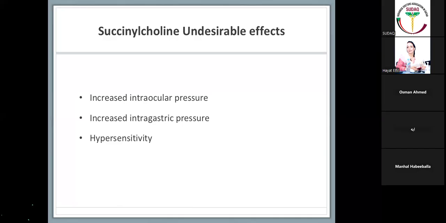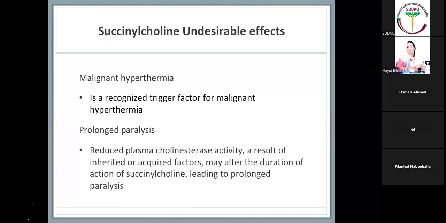The remaining serious side effect related to succinylcholine use is malignant hyperpyrexia, because succinylcholine is a recognized trigger factor for malignant hyperthermia.